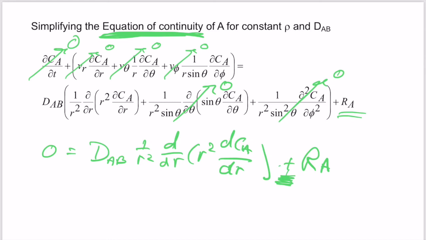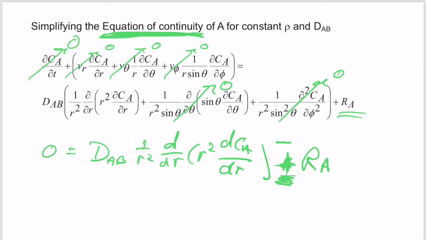So instead of making this a plus, I'm going to put the negative sign here. That's fine as long as you can follow along with her in that. Okay? So I made a mess here. She said it is plus RA, but A is being consumed, and so this is negative, so she put the negative there.